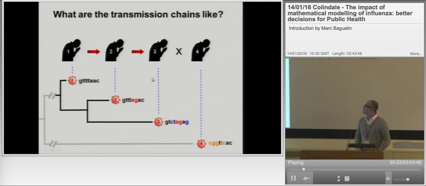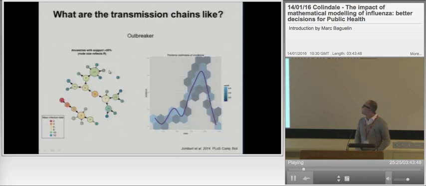So that's how you establish your transmission chain. You can do this just based on phylogenetics only, by observing and determining part of the tree that have features that you would expect from a discrete transmission chain. But you can go beyond that and use more sophisticated methods, like the package outbreaker here, that takes into account genetic data as well as other types of epidemiological information to reconstruct the transmission tree. Okay, and probably in the most robust way.